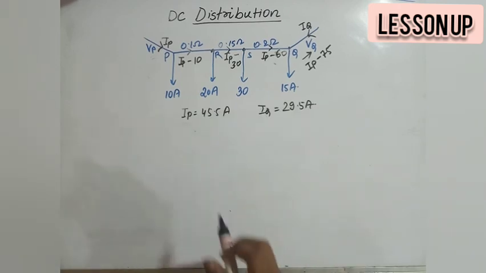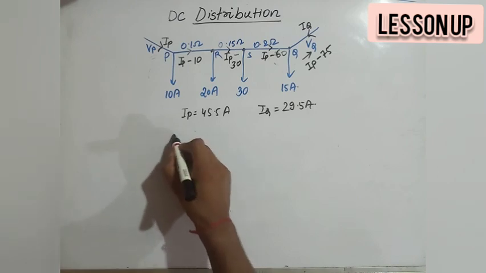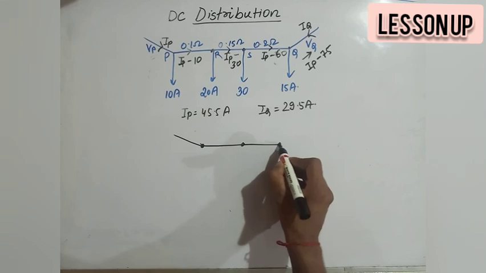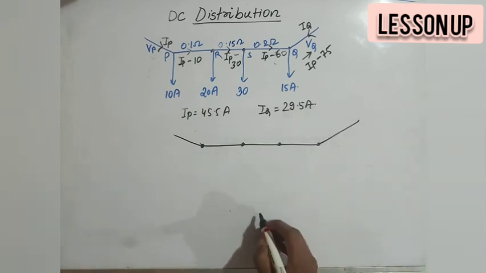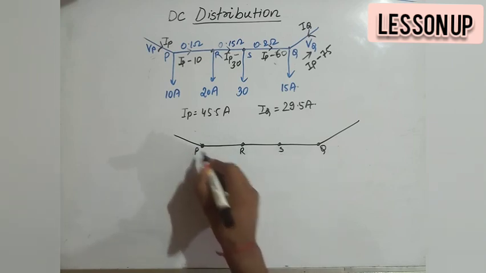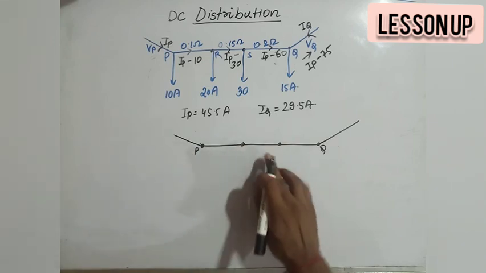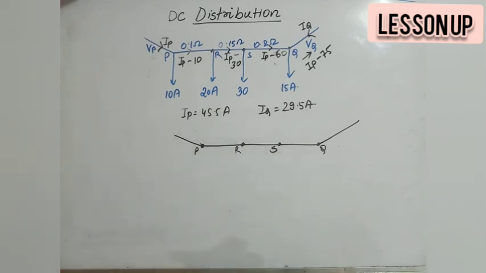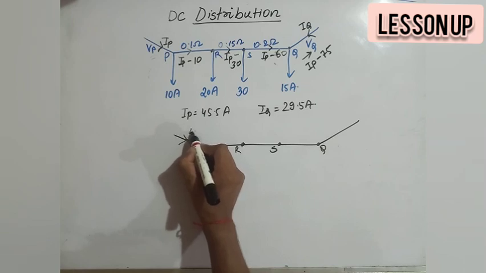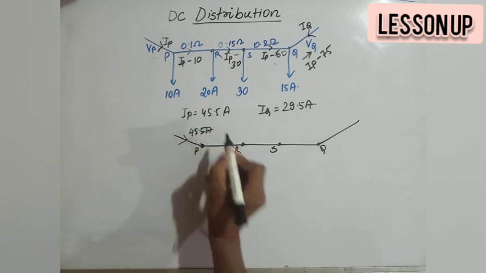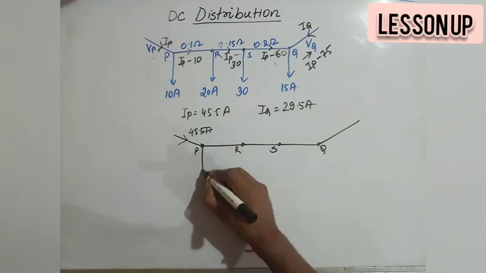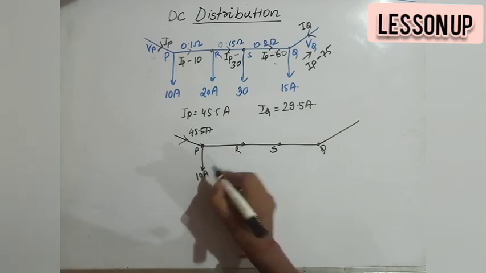Now just draw the current flow diagram. IP is coming at point P, R, S, Q. Okay, so from this direction, 45.5 ampere is the incoming current at point P and 10 ampere is taken out.